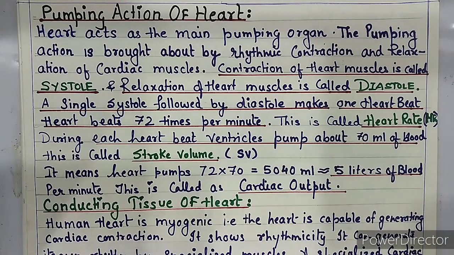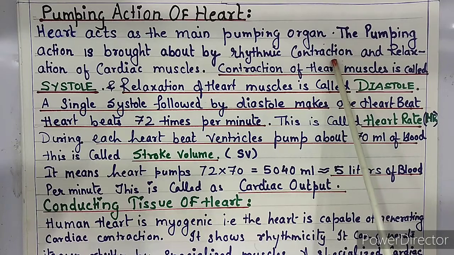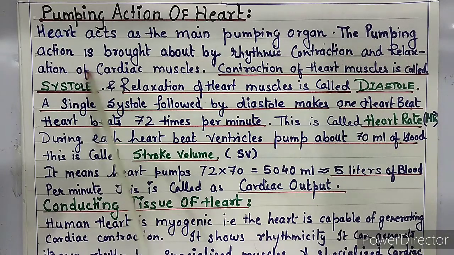Next, children, to move on with the theory, we'll start with the pumping action of the heart. You know, children, the heart acts as the main pumping organ. The pumping action of the heart is brought about by rhythmic contraction and relaxation of the cardiac muscles. We know very well that muscles are responsible for contraction and relaxation, which brings about movement.